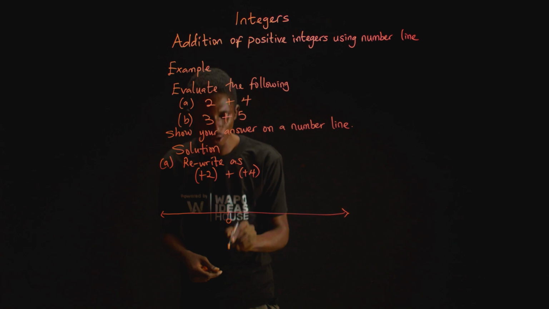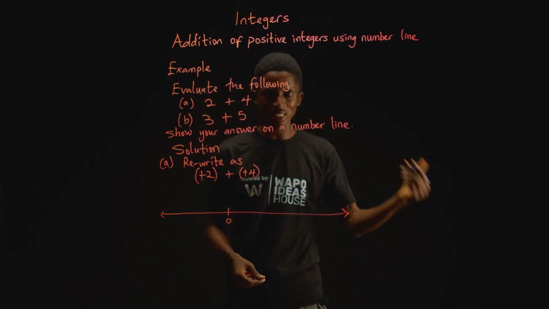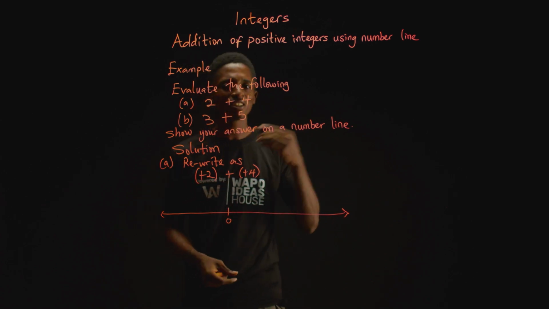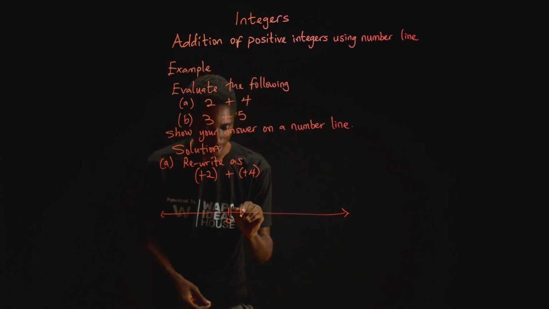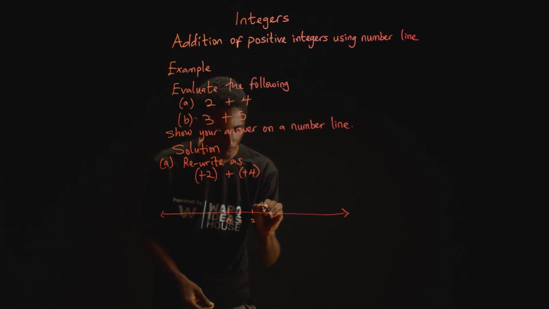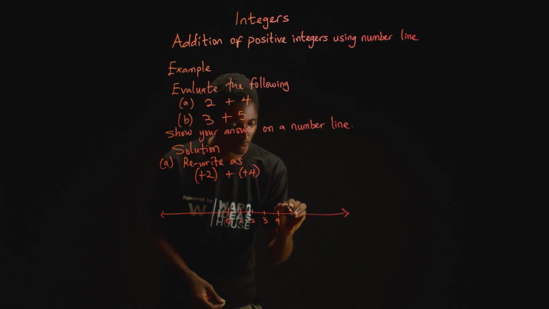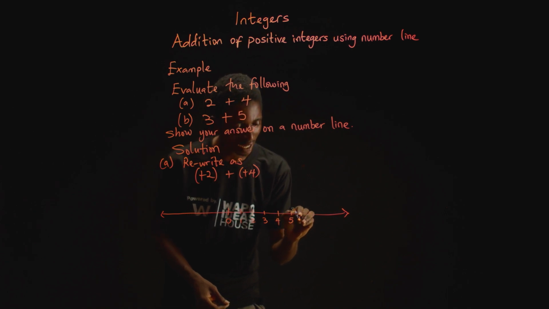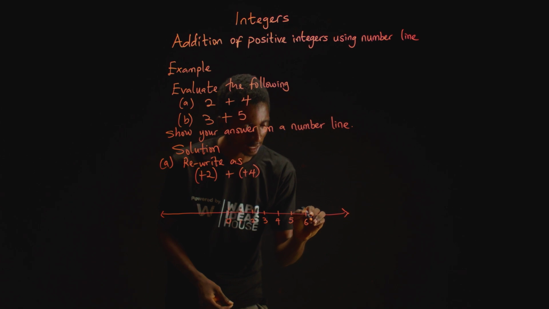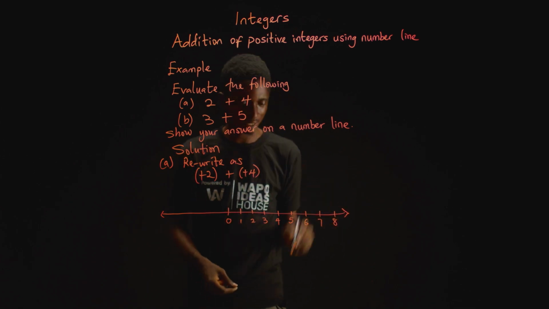So 0. Then to the right of the 0, you put the positive integers in regular interval. That is 1, 2, 3, 4, 5, 6, 7, 8.